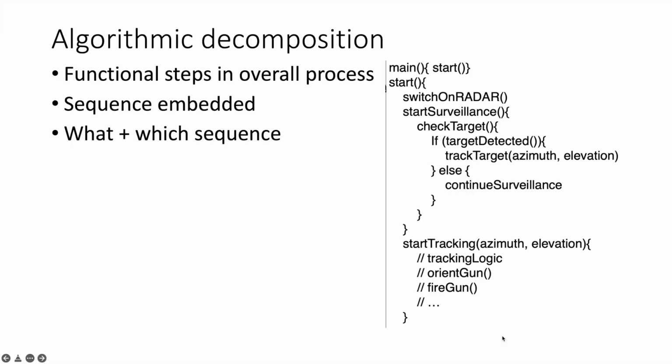Now in the algorithmic decomposition, the unit of splitting is going to be a functionality. So consider this as pseudocode, not necessarily code that would compile into any language, it will not in fact.